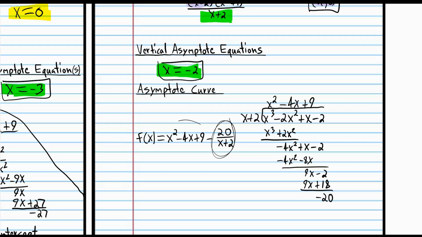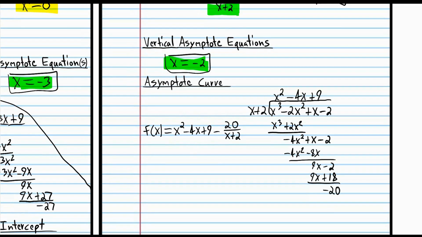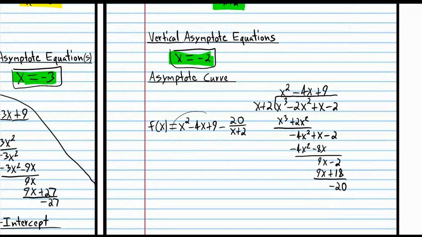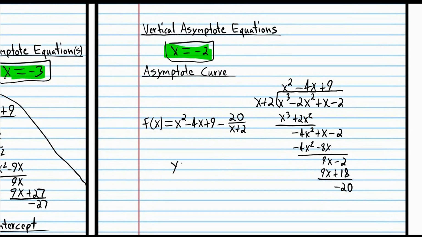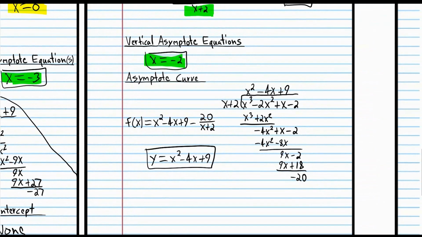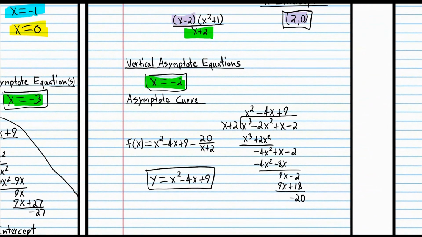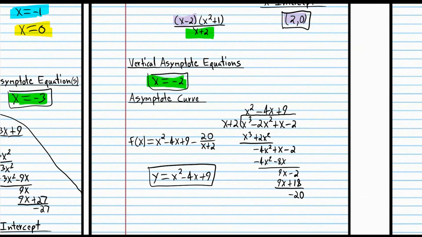So the graph approaches this curve, and for all intents and purposes, when x is really big, the graph gets so close to this curve that it actually looks like the curve. So that means that that expression there is the invisible curve that the graph approaches as x becomes a very big positive number or a very big negative number.